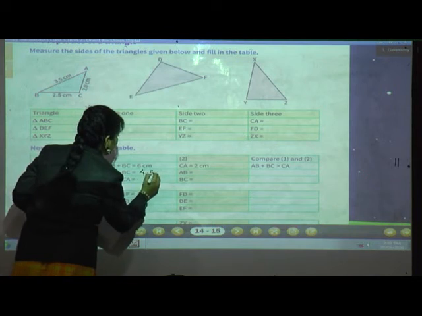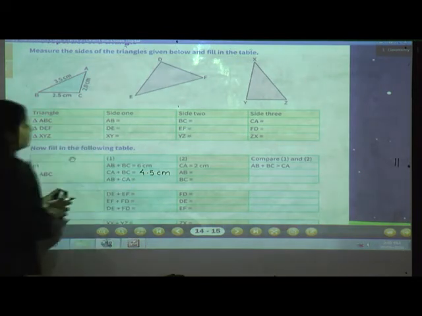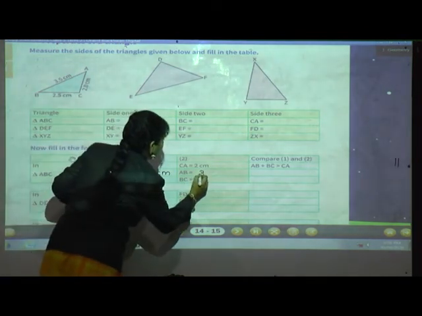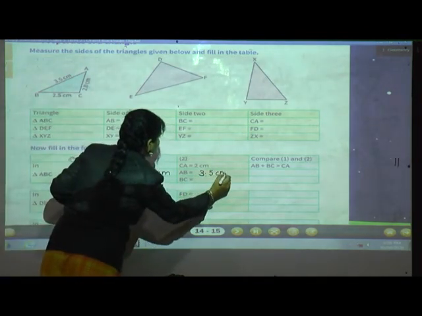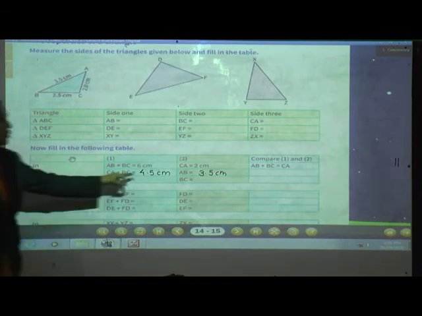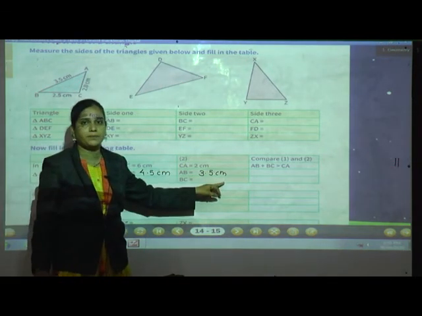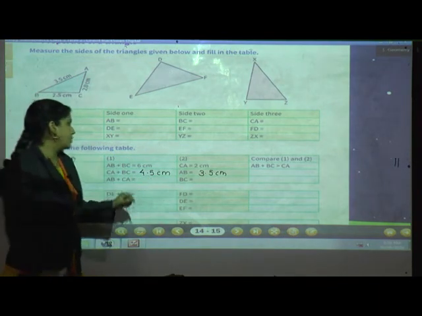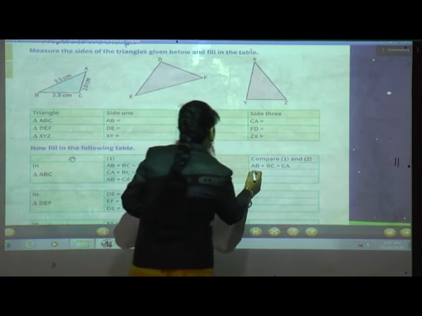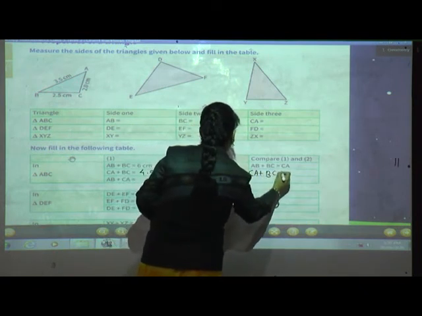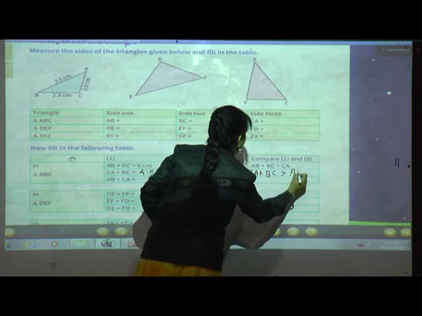Now AB is 3.5 centimeter. Which one is bigger? 4.5 or 3.5? Yes, students? Of course, 4.5. So side CA plus BC is greater than side AB.